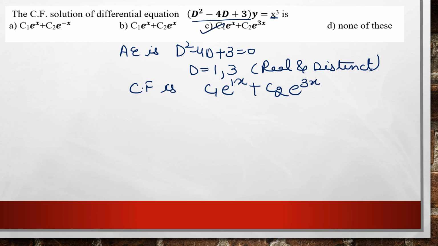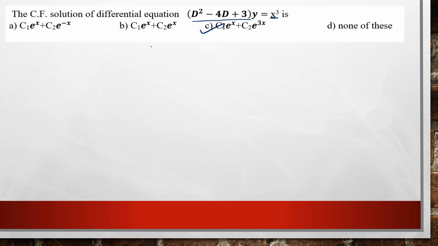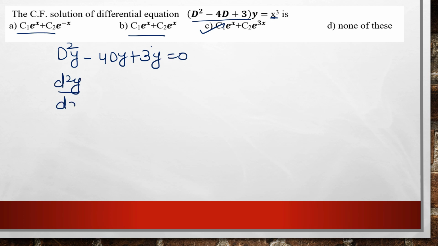But we have another approach also. If you are not aware of how we write the solutions, you can check the different options. You have to check that d square y minus 4 dy plus 3y should be 0. You can check which option is satisfying this condition. For a complementary solution, your option must satisfy this.